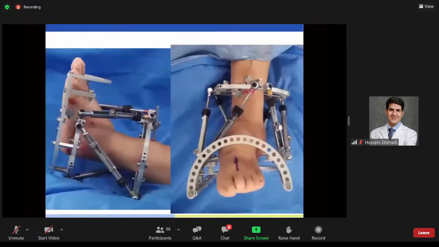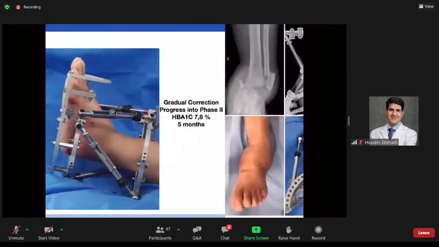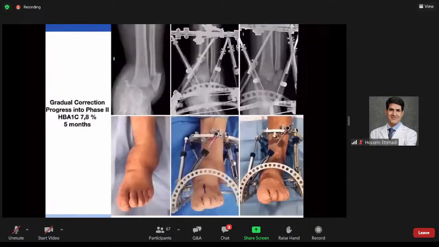So what we did was put on a hexapod frame with wires and just one half pin, in order to keep it as minimally invasive as possible. We did a correction while the patient transitioned into phase 2 in order to align the ankle and start compressing.